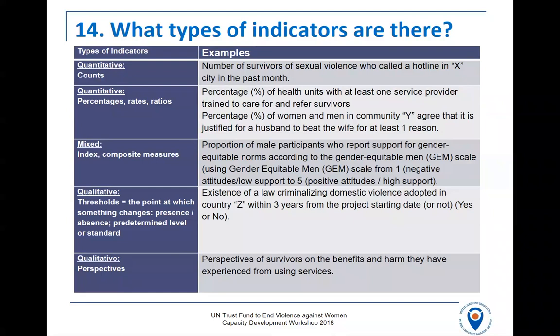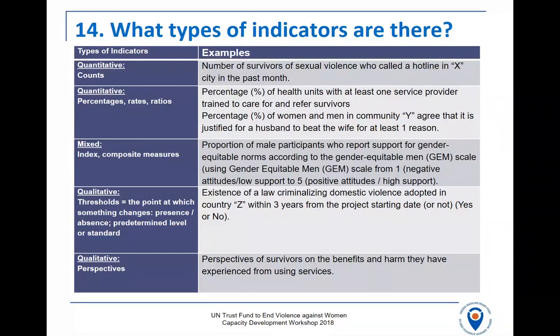And it's a very simple indicator. If you're working on something like putting a policy in place, you can have an indicator of simply the policy exists or it doesn't. Obviously, there's a lot of work that goes under that, you've been advocating for a law or advocating for a policy. But it is quite fine to have an indicator that just measures the existence of something.